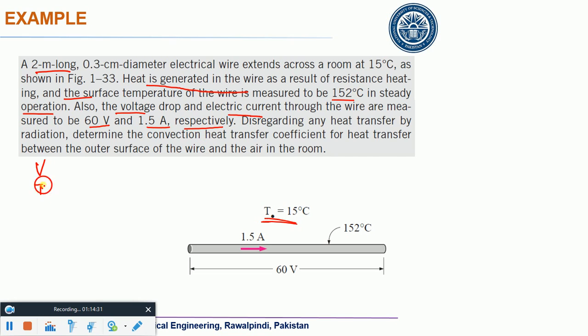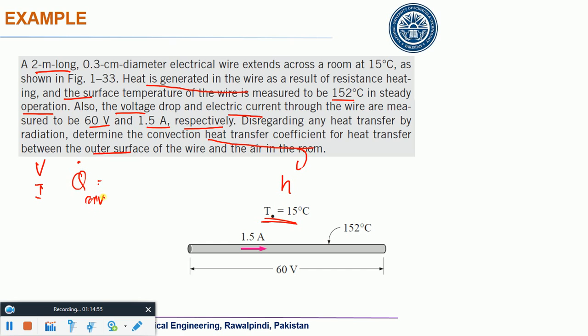So you know voltage, you know current. Disregarding any heat transfer by radiation, determine the convection heat transfer coefficient for heat transfer between the outer surface and the air. Now you need to find out what? h. What is the governing equation for convection? Newton's law of cooling.